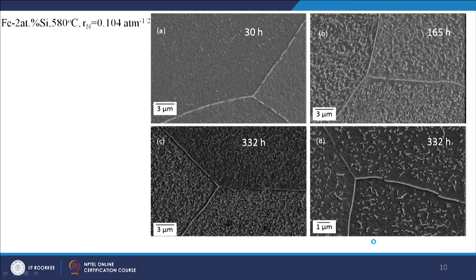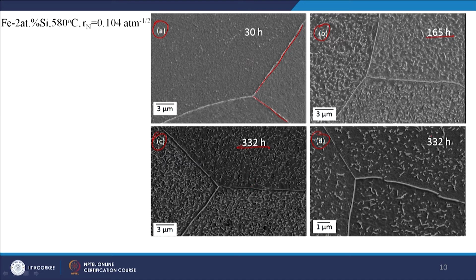If you look in more detail at the scanning electron microscopy, A, B, C, D are the scanning electron micrographs. You see that after 30 hours some small precipitates are developing, with something happening along the ferrite matrix grain boundary, and with increased time to 165 hours they start to develop more, and after 332 hours you have more density.